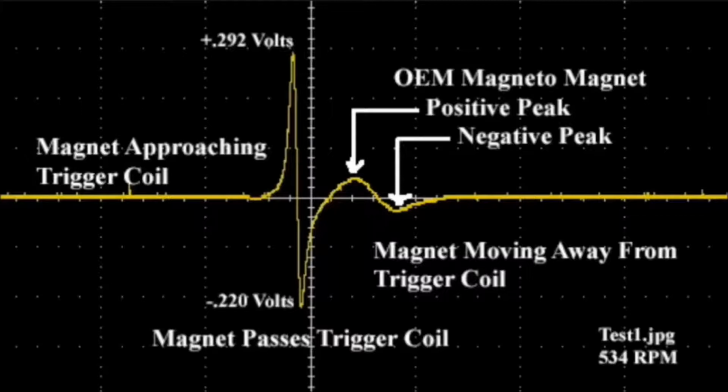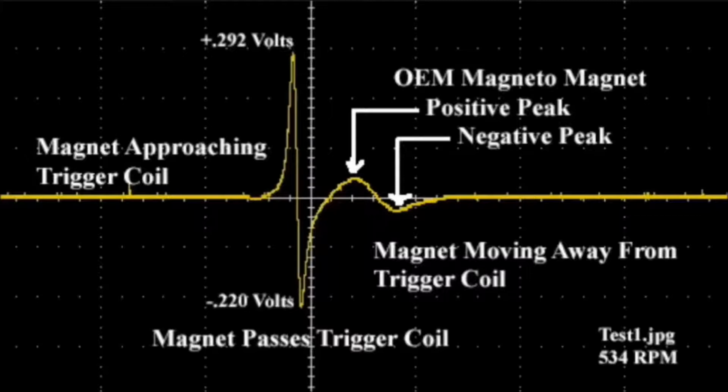And if we follow this on the flywheel, the position, this is where the OEM magnet is. So what the trigger coil is doing is sensing the OEM magnet, even though it's pretty far away and it's not even on the back of the flywheel, it's up on the face of the flywheel, but it does sense it, and we get a small positive pulse, and as the magnet continues to move away, we get a negative pulse.